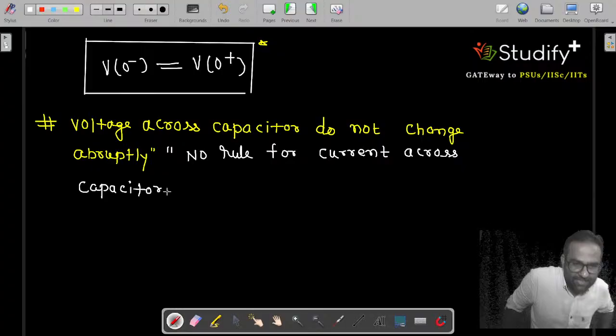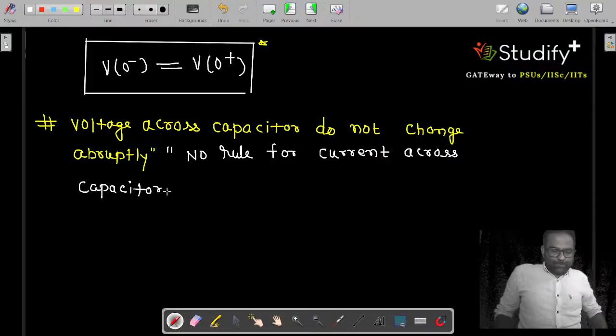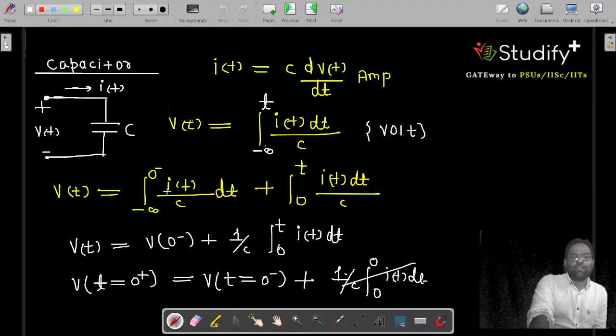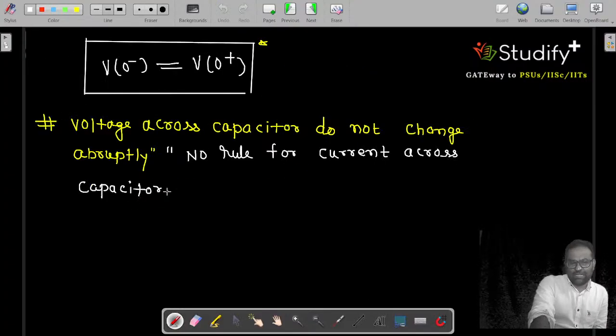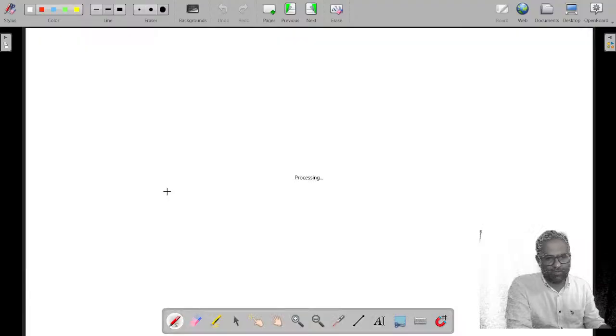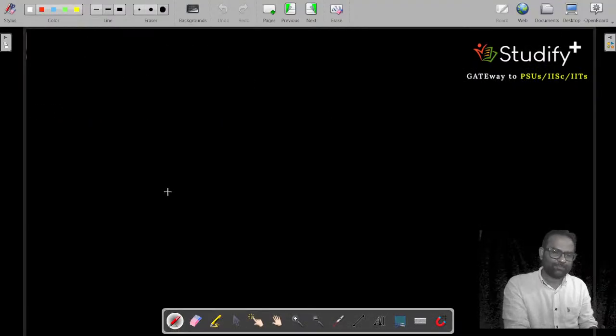I hope this is clear. Now we want to know about more things: what is the behavior of a capacitor when it is connected in the circuit for a longer duration of time? So let's talk about that.